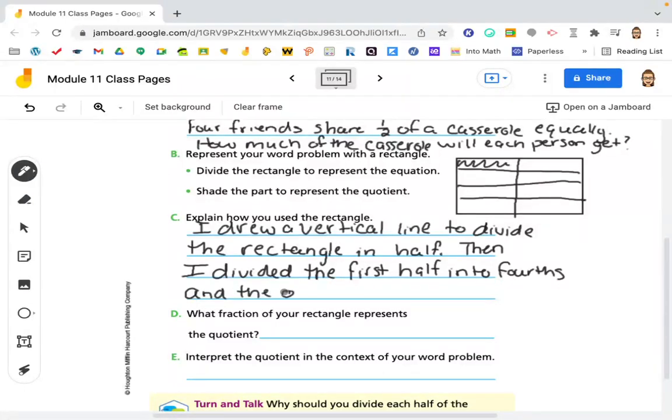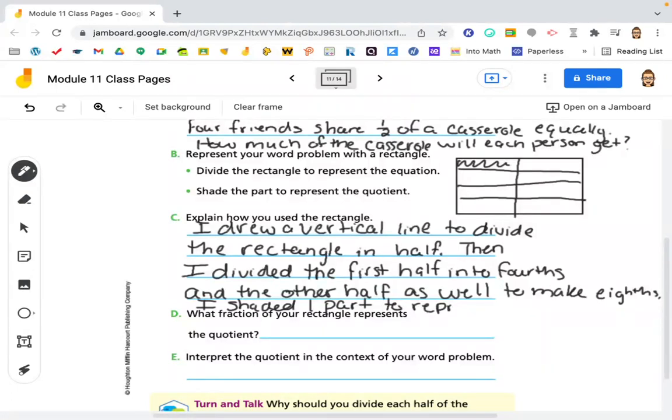And the other half as well to make 8s. And I shaded one part to represent the quotient.